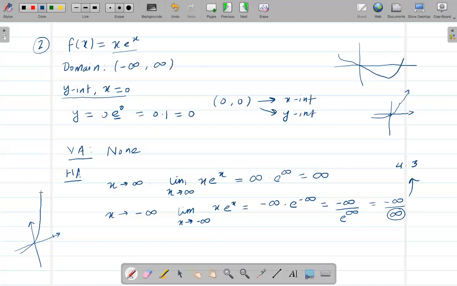If you try this on your calculator, pick e to the power of a big number, let's say 1,000 or a billion, you can check it on Google, it will be a much bigger number.